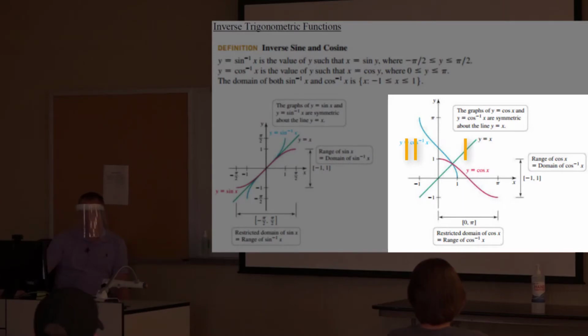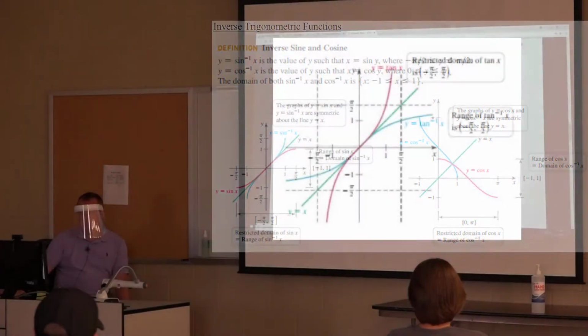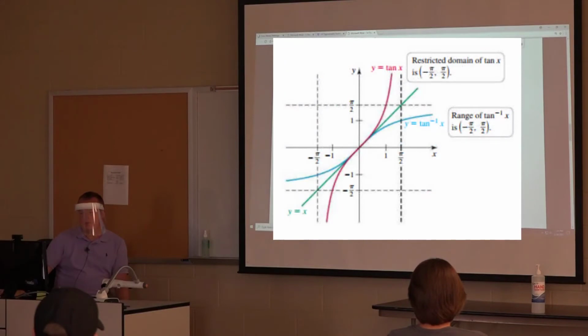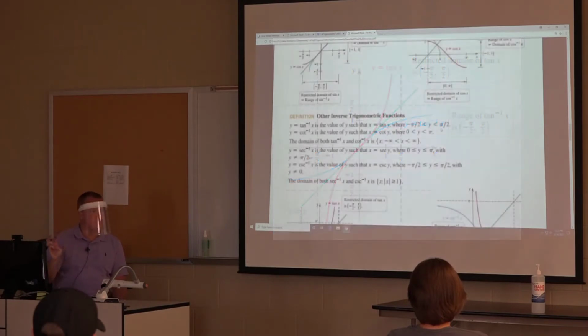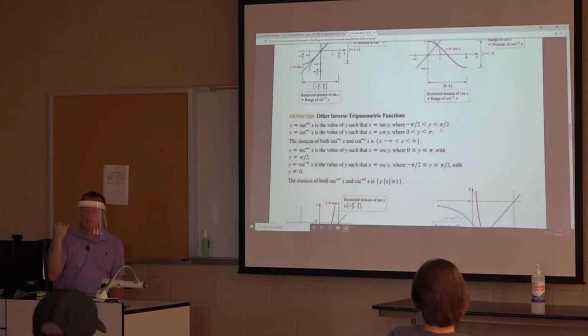Tangent is from negative pi over 2 to pi over 2. So that's quadrants 1 and 4. Those are the main three. You're not going to see problems much with inverse cotangent, cosecant, and secant. You might, and we do have formulas for derivatives and integrals of those, but you don't do a lot with those, really. But remember, sine and tangent is quadrants 1 and 4. Inverse cosine is quadrants 1 and 2.